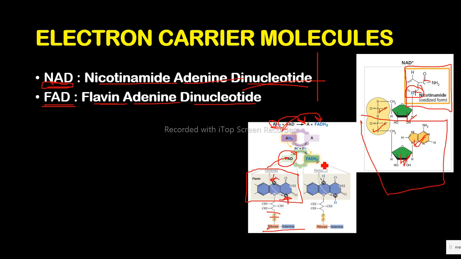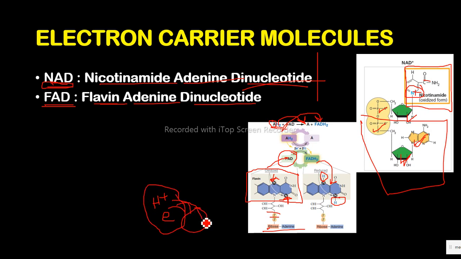So this is going to be the reduced form, where you can see there is hydrogen here and another hydrogen here. So it is the one which accepts an electron together with a proton. Remember, a proton is just positively charged, and an electron, so you receive both the electron and the proton, and remember they will be possessing relatively high energy.